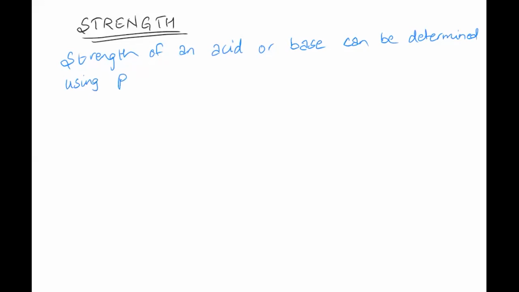The strength of an acid or base can be determined using the pH scale. So what exactly is a pH scale?